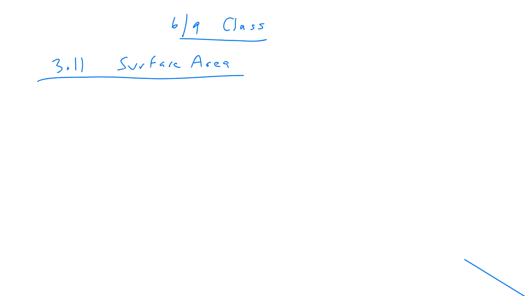Surface area. And again, remember the idea here is we have a 2-dimensional surface in 3 dimensions, and we want to find what's the area of that thing. And we found, and I'll remind you where it comes from, and then we'll do an example.